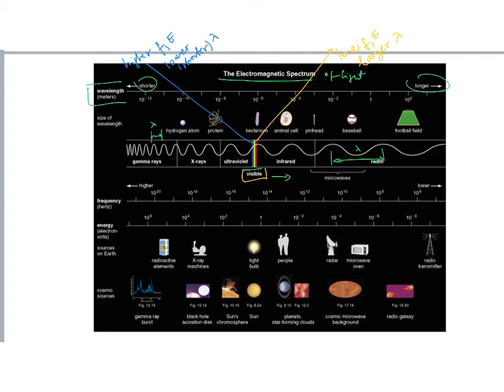So the type of light that has longer wavelength than the red part of the spectrum is called the infrared, right? Infra for lower frequency, lower energy. So look at that, they're here. Frequency, energy, and this is how they become lower. This is the higher energy, higher frequency.